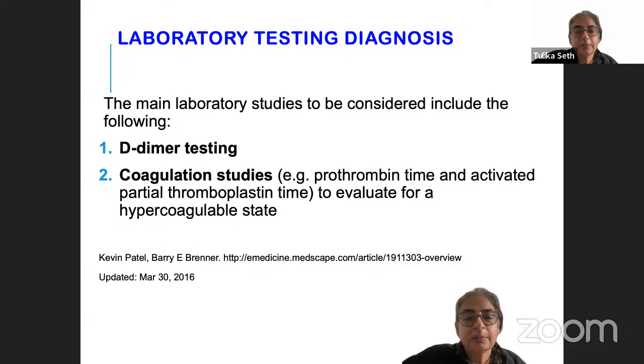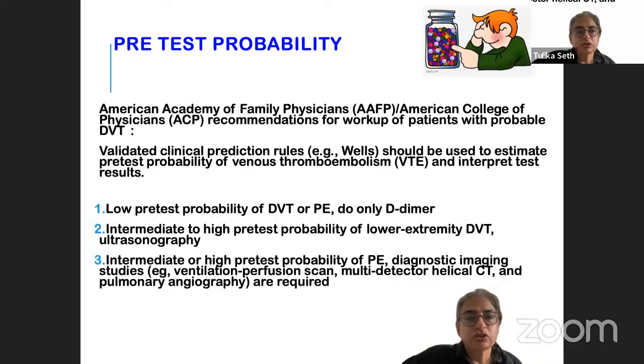But if it's positive, you need to then screen to identify it, because this would not be a diagnostic test for a thrombosis. It would just give you an idea that you probably have a high pretest probability. And the coagulation test for hypocoagulation can sometimes be useful.